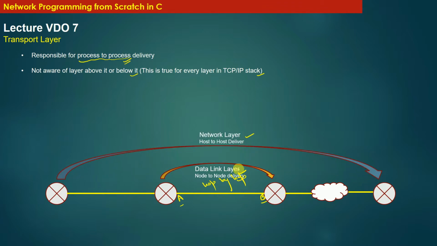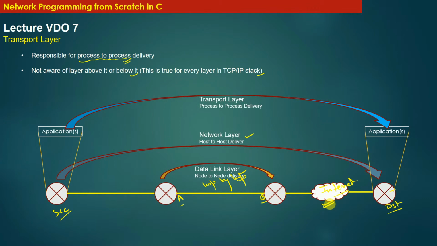The network layer, on the other hand, has the responsibility to take the data packet from the source machine to the destination machine. The source machine and the destination machine could be present anywhere in the world, and there can be any number of L3 routers in between. So this is actually the internet. The network layer is responsible to take the data packet from the source machine to the destination machine.